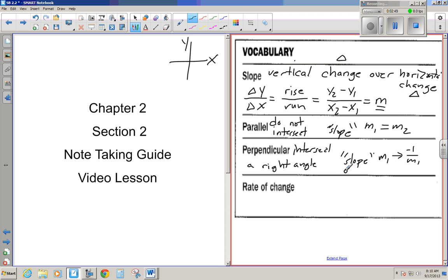They are opposite. Let me do this in a different color. Opposite reciprocal. Opposite reciprocal.